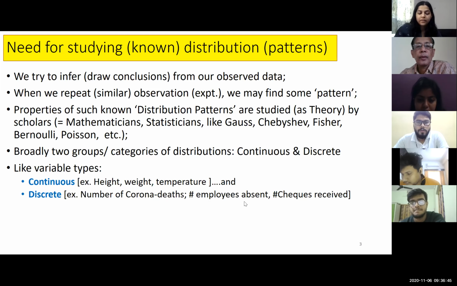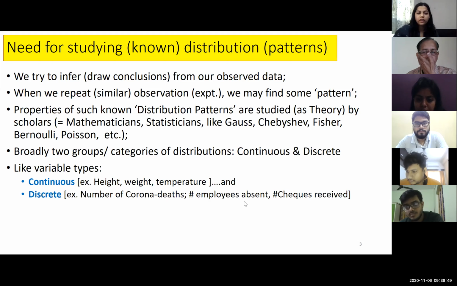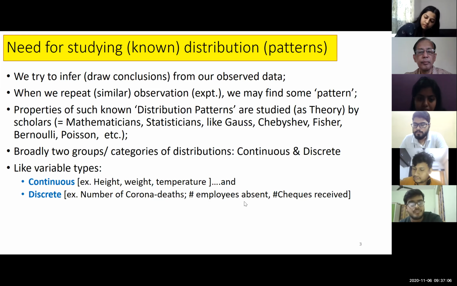Yes, sir. So continuous is there in a range. It includes a range of values, whereas discrete is individual, distinct numbers. Yeah, I think both are correct, but what Suyasi suggested, all of you may note down, that would be better and more acceptable. And if it comes in exam, you need to give examples.